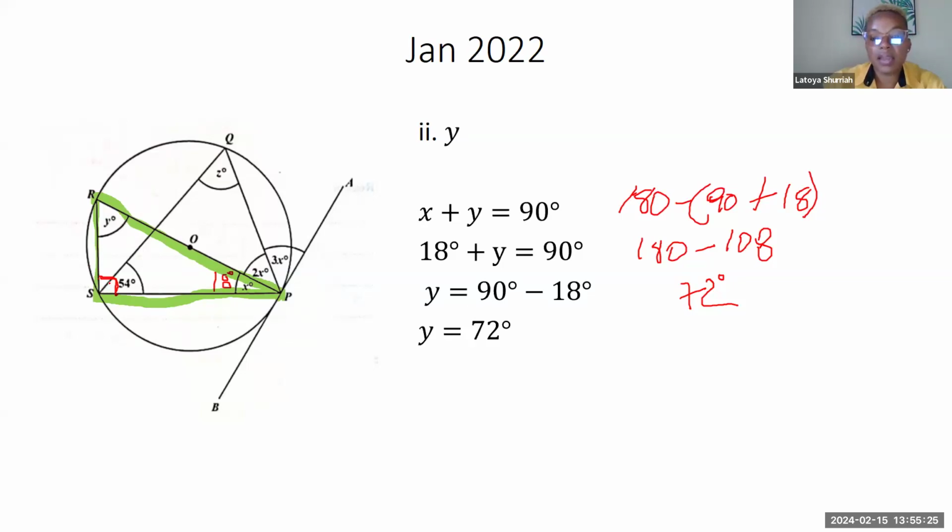Then the other two angles must sum to 90, because if one angle alone is 90, that means that out of the 180 degrees that must be shared between the three angles, we only have 90 more degrees to share between these two angles. So x plus y must be equal to 90 degrees. We already know what x is, which is 18, and we simply find the value for y, which is 72 degrees. So either strategy would have been fine.